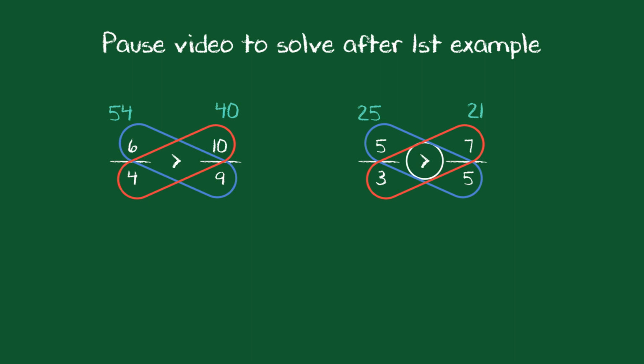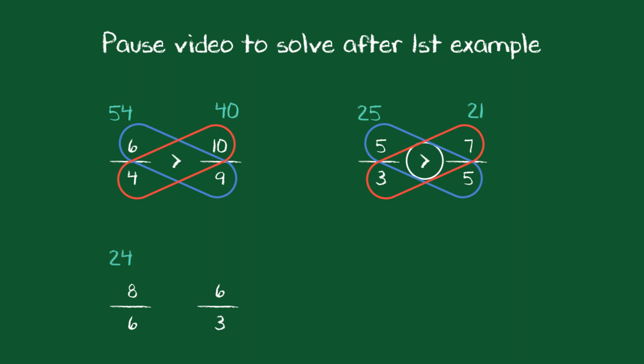Next problem. The original problem is 8/6 is greater, less than, or equal to 6/3. And don't forget, when you multiply two factors, you get a product. In this case, the 3 is the factor, multiplied by 8, which is a factor, and the product is 24.